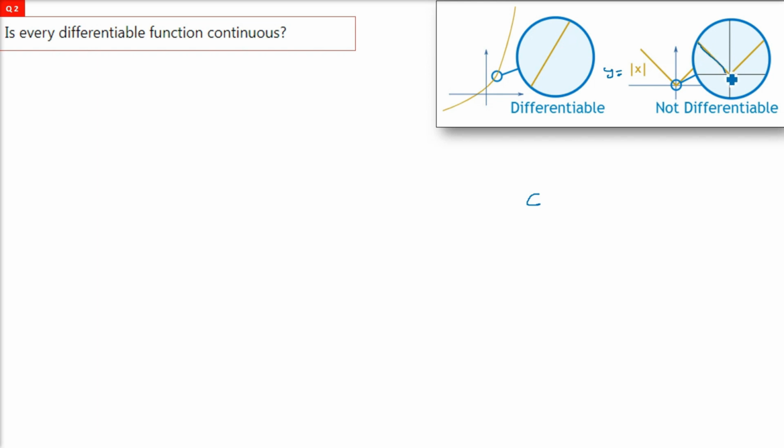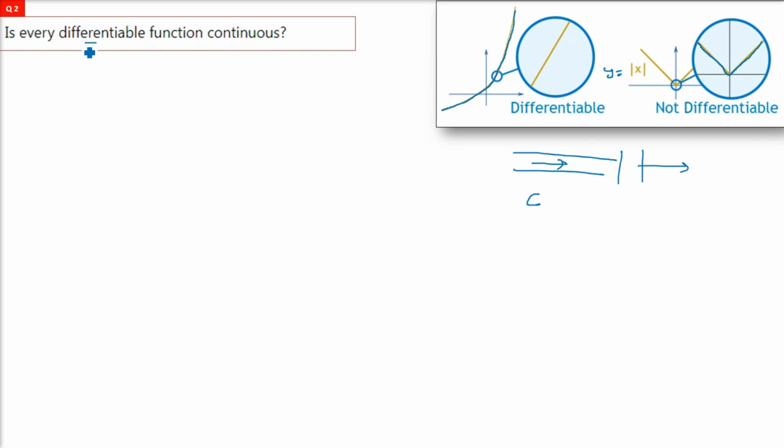For example, I am going through this graph and I don't have to pick my pen up. That is, there is no break. You can understand it by this example: you are on a trip and there is no break. This is a continuous road. There is no breakage, no traffic jam, no bridge that has fallen off.